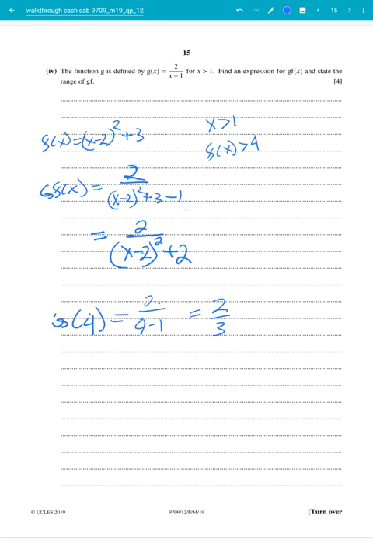So we're going to be between 0 and 2/3. I don't know why it's shorting out, but that should be g of f of x in there is less than 2/3. So there we go.